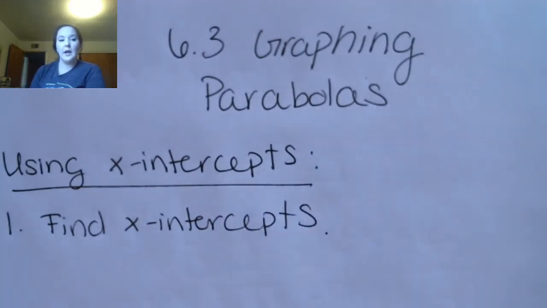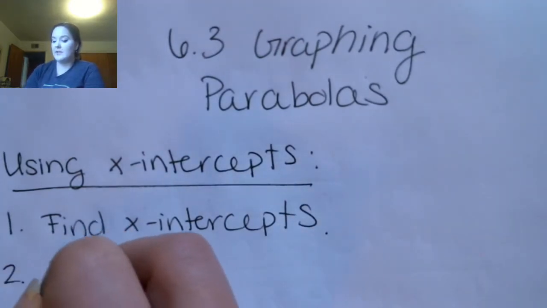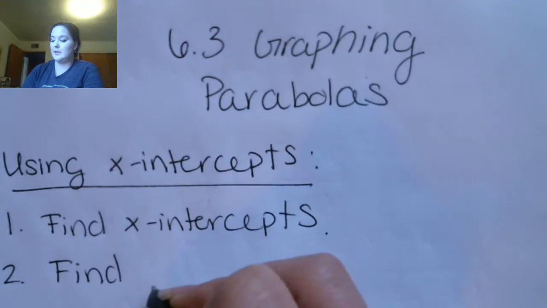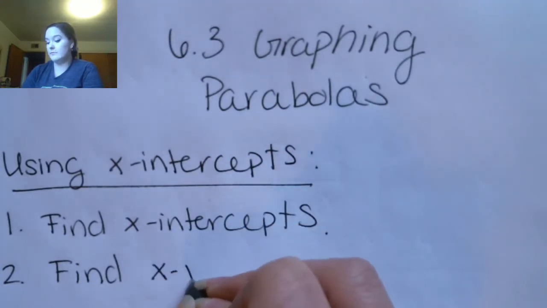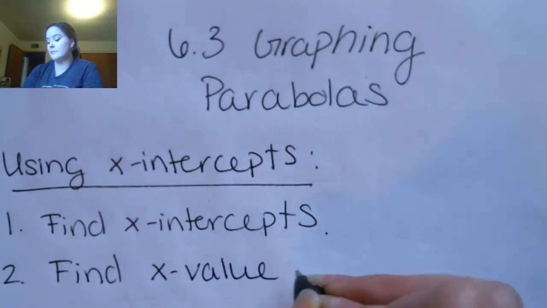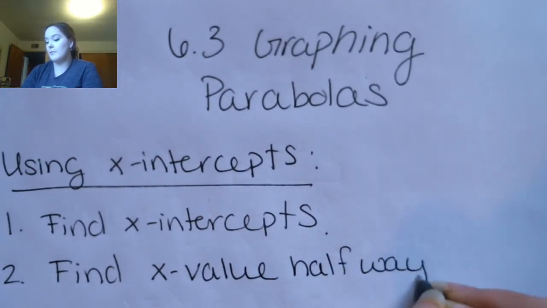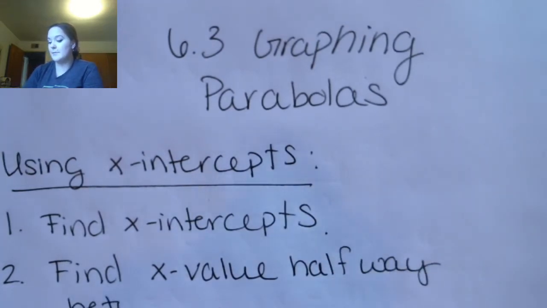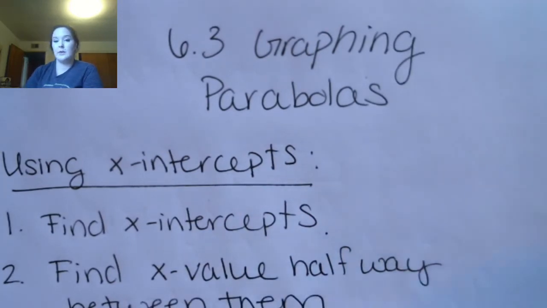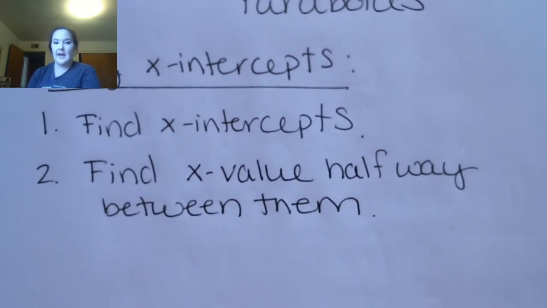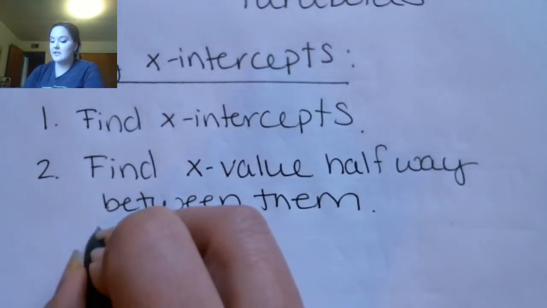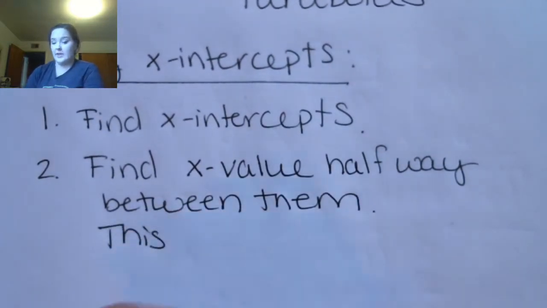And then we are going to find the X value that is halfway between them. The reason that we're interested in that X value is because this is the X value for the vertex.